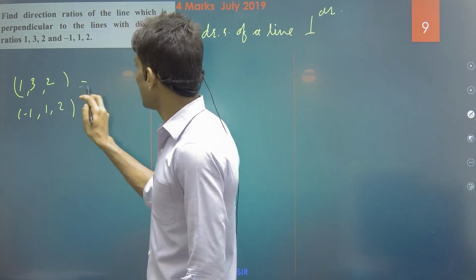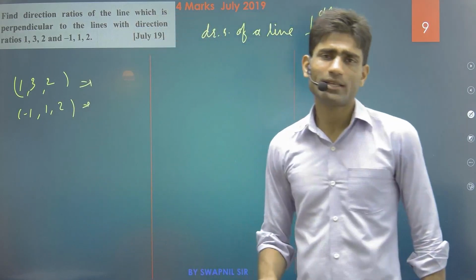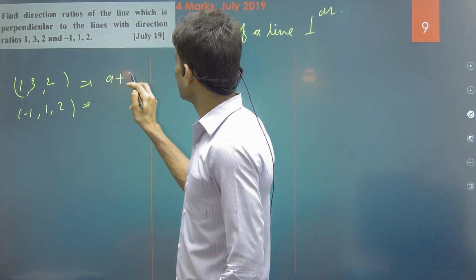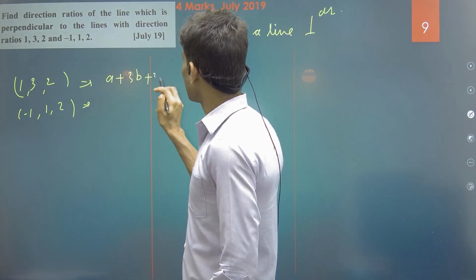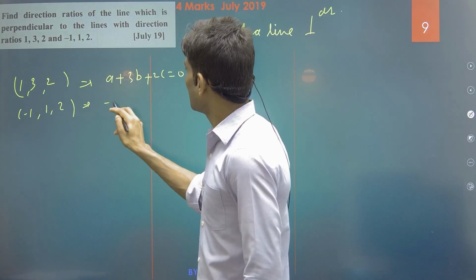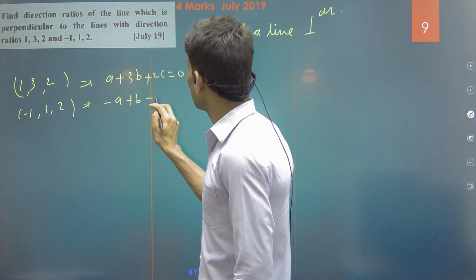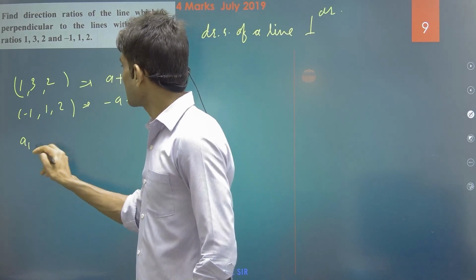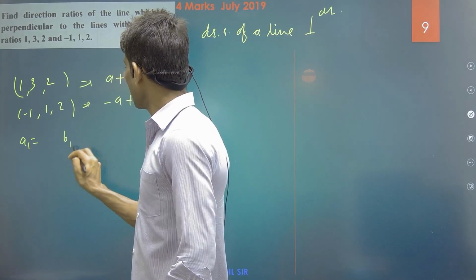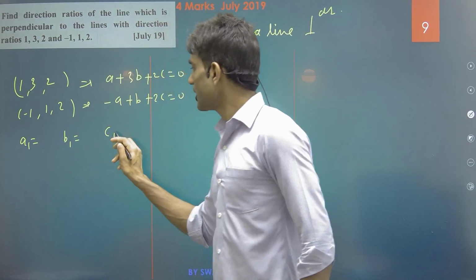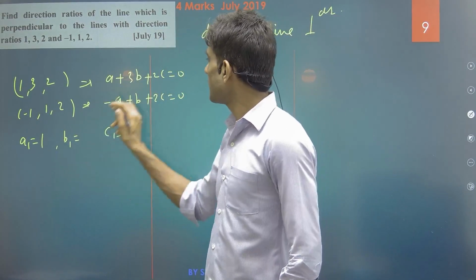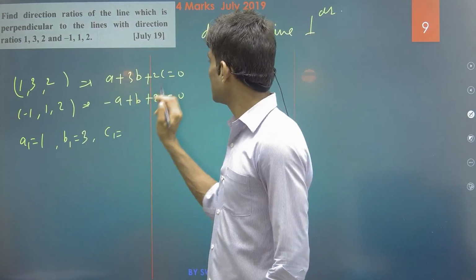Now introduce the values a, b, c, as we want the direction ratios a, b, and c. So we can write a plus 3 times b plus 2 times c equal to 0, and minus a plus b plus 2 times c equal to 0. We can write a1, b1, c1 by using this: a1 is 1, b1 is 3, c1 is equal to 2.